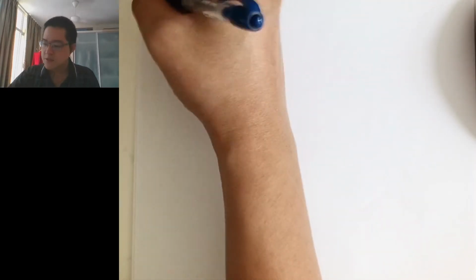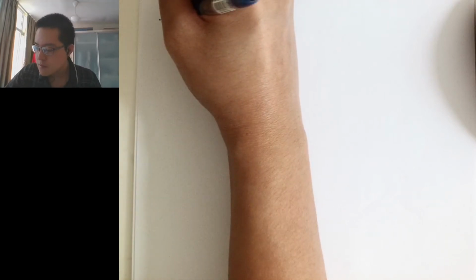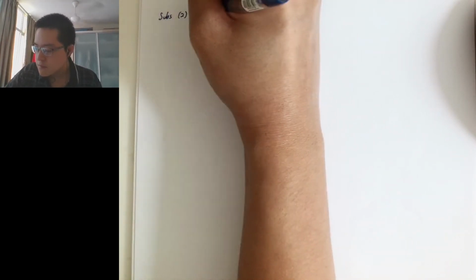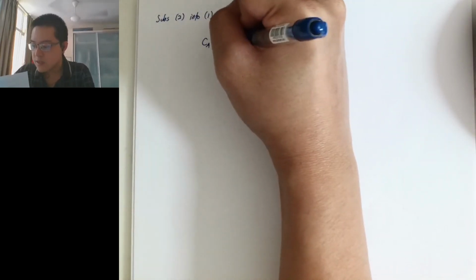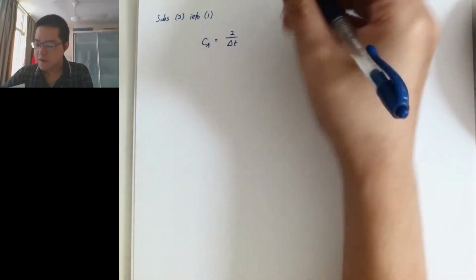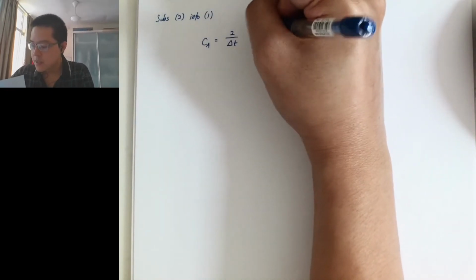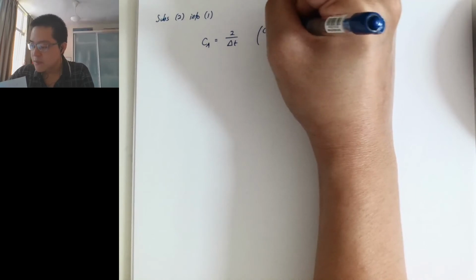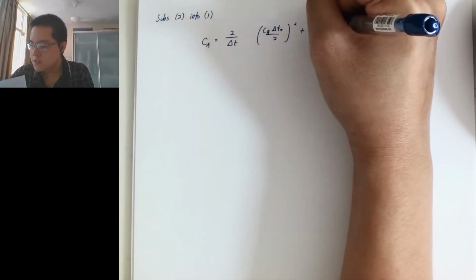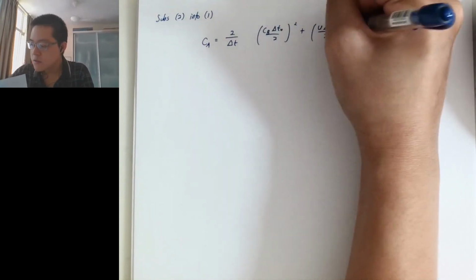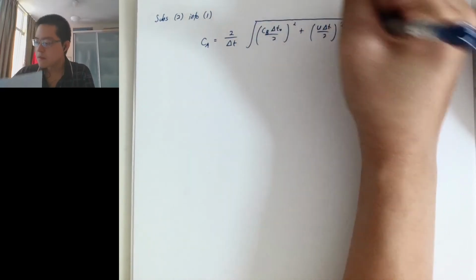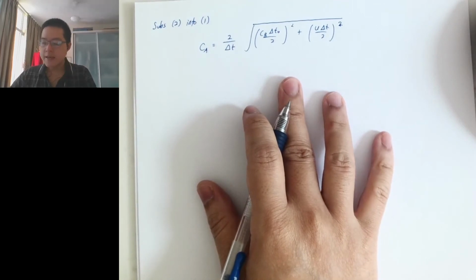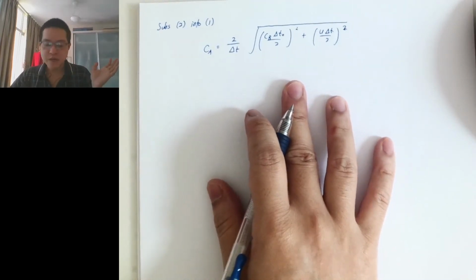So my equation 1 now becomes: speed of light measured by Alice is 2 over delta t times the square root of (c_B delta t0 over 2) squared plus (u delta t over 2) squared. I take this out, and I got this now, and then I use postulate 2, right?